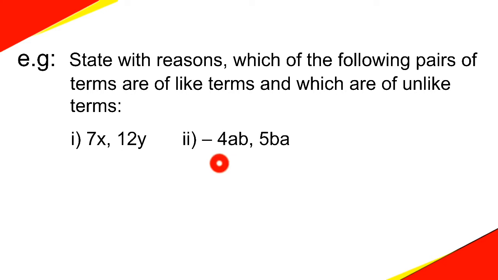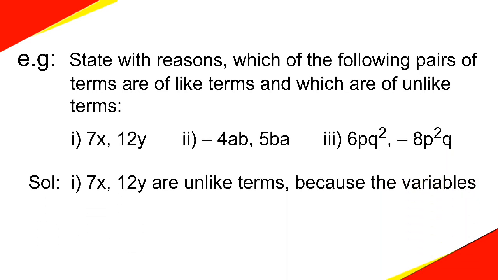Second option, minus 4ab, 5ba. Third option, 6pq square, minus 8p square q. Now we are going to solve the first one. What is the first one? 7x, 12y.